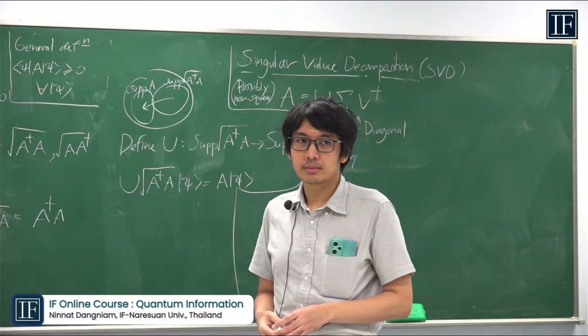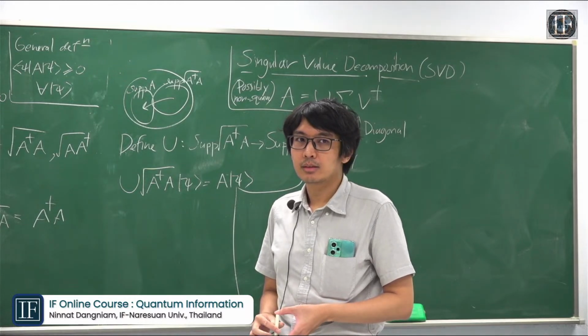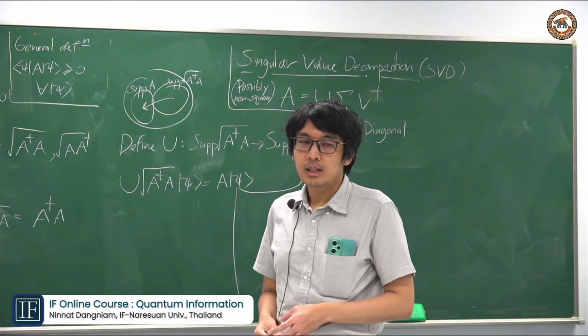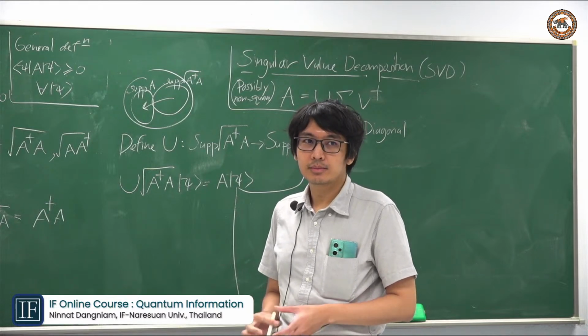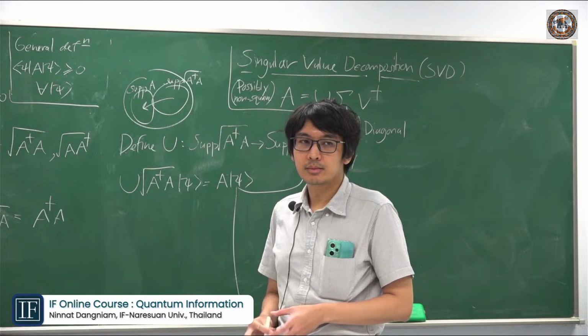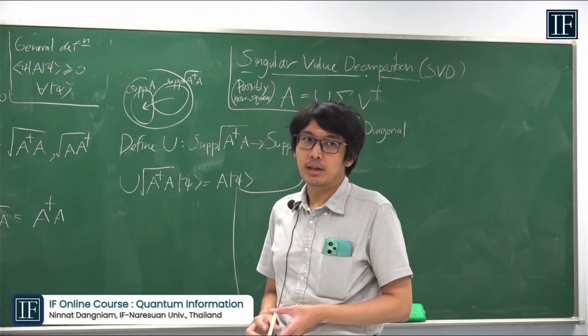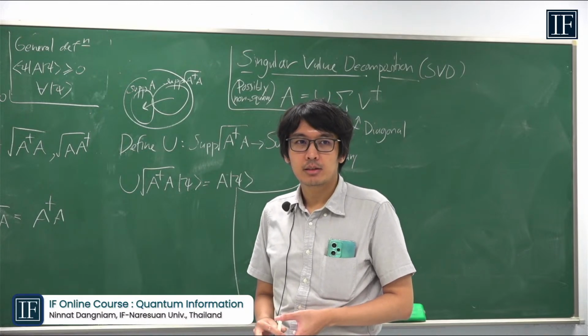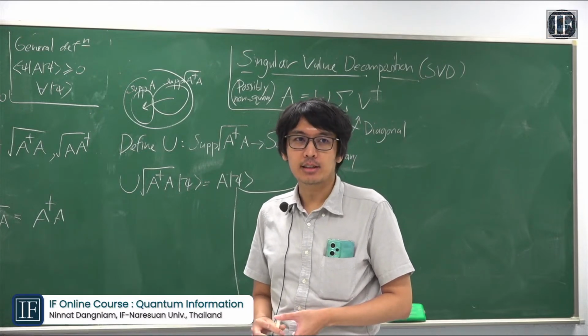Even if you do something like that, P should be identity. Right, because P would be the square root of U dagger U, but U dagger U is the identity.